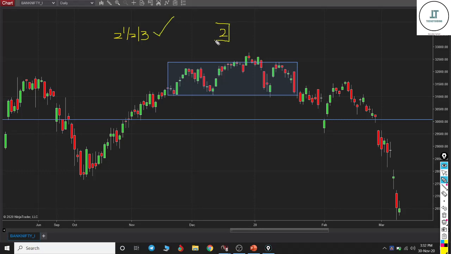Still, it is 2 months of auction in which one time price made an upside breakout. What I told is, after a balanced move, if price makes a breakout, in this case upside, don't blindly believe this breakout. Wait and see whether price is spending more time above this upper band, then we can confirm.